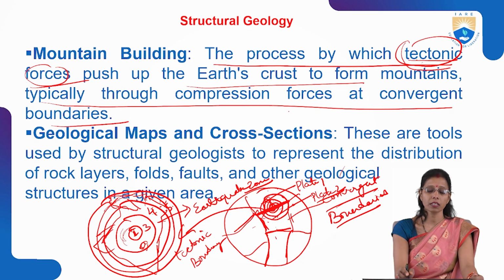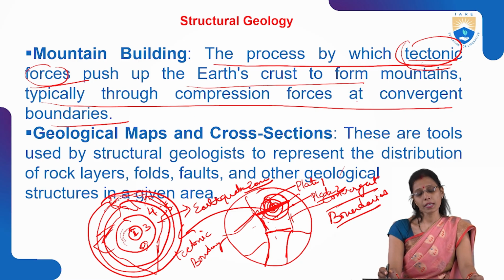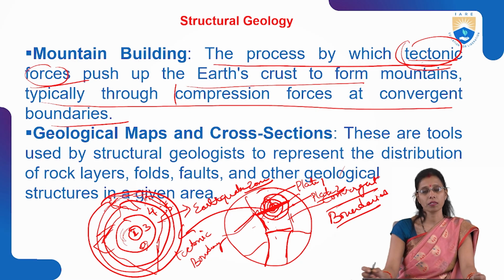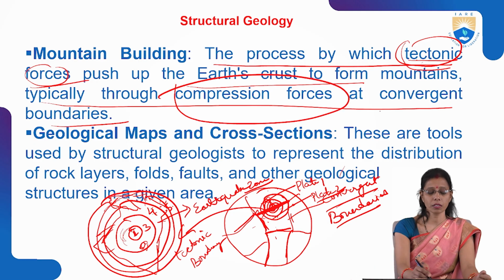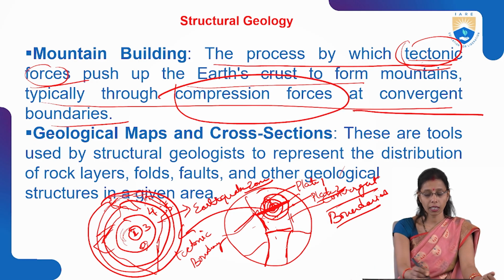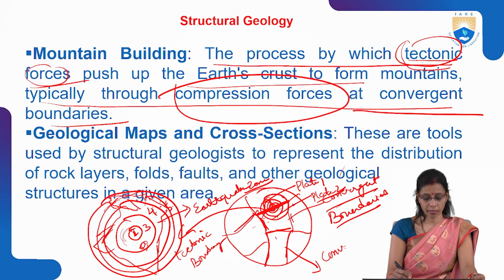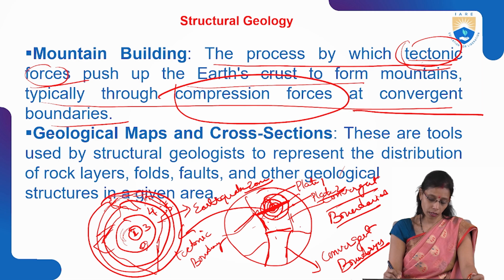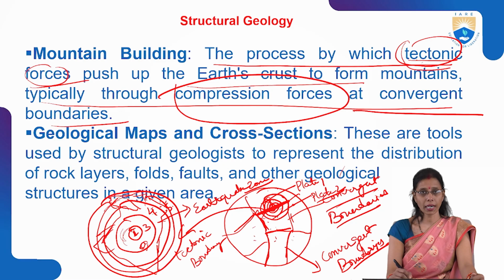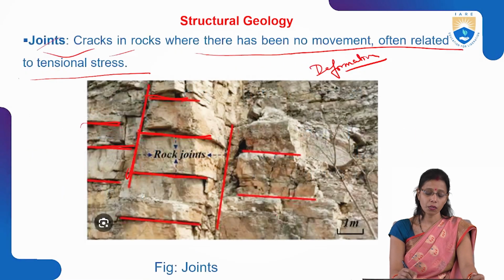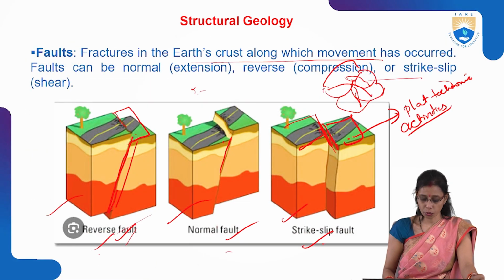It will push up the earth crust to form the mountain, typically through compression forces. Compression forces act at the convergent boundaries. As I told you, these are all convergent boundaries. Here the plates will be moving: either they collide with each other, or they move far apart, as I showed you in this image.